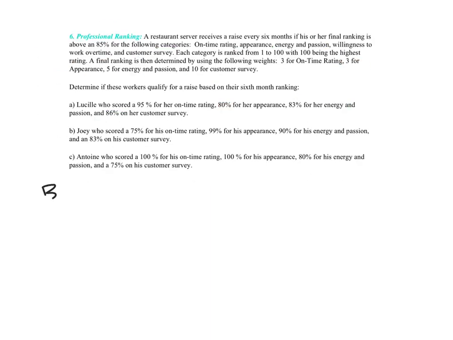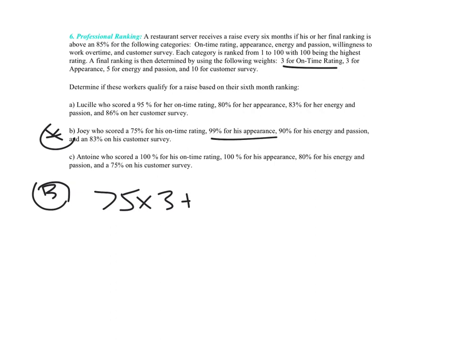Next we have Joey. Joey received a 75 for on-time rating, so we'll take the 75. The on-time rating is 3, so that's our weight. We'll add the 99 for appearance. That also is a weight of 3. 90 for energy and passion times the 5 for that weight.